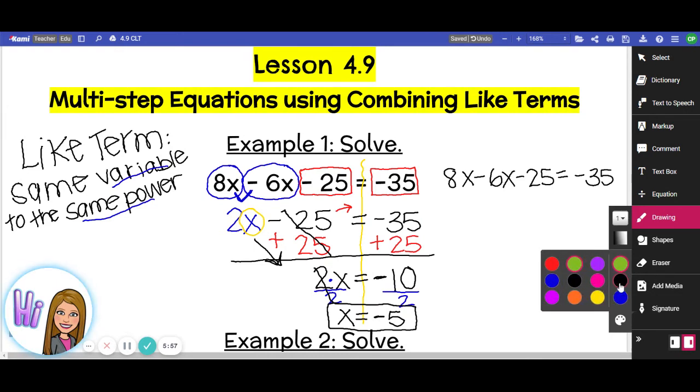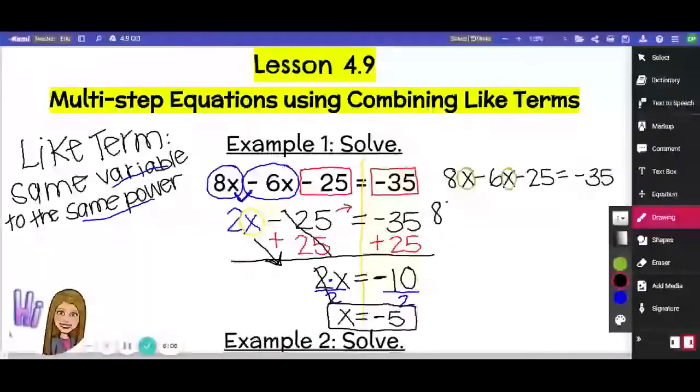So I'm going to go back through this statement, and anywhere that I see the variable x, instead I'm going to substitute in negative 5. So I've got 8 times negative 5 minus 6 times negative 5. All of that minus 25 is equal to negative 35. And actually, I'm going to put a question mark. Is it equal to negative 35?